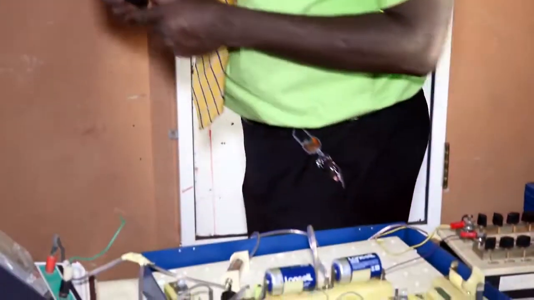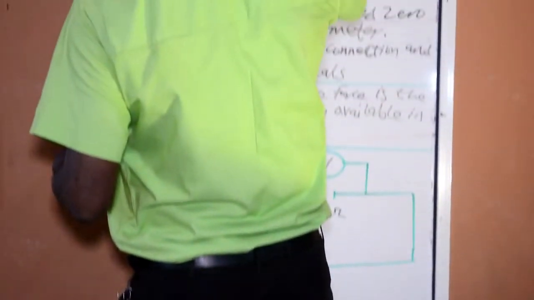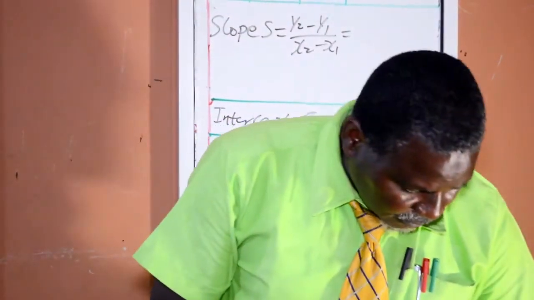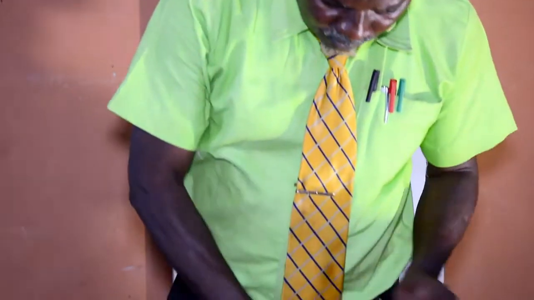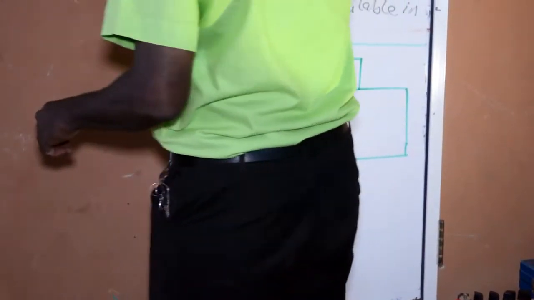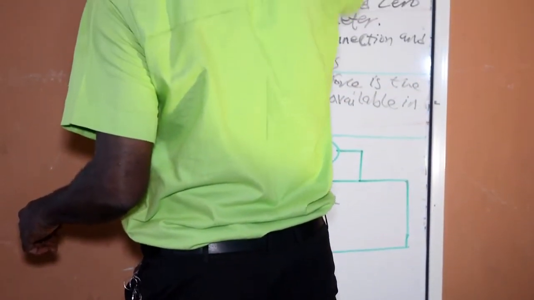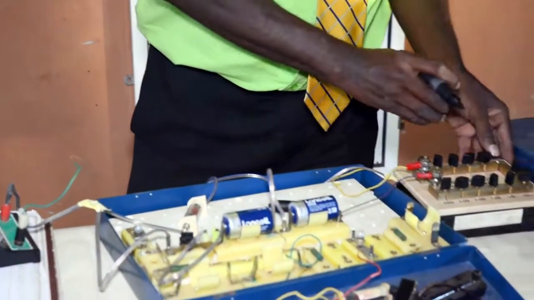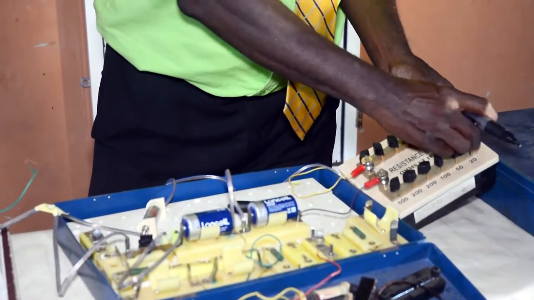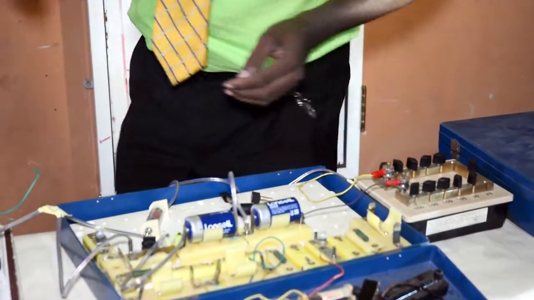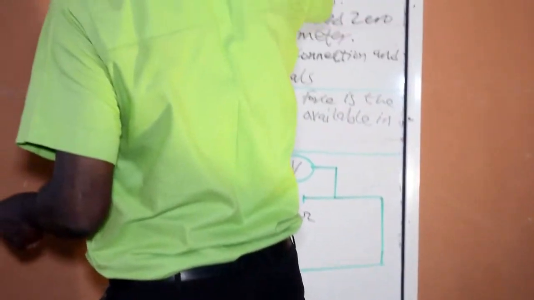The value is 0.3. Now switch off, close, remove. 20 plus 20 will give us 40. The value is 0.2.